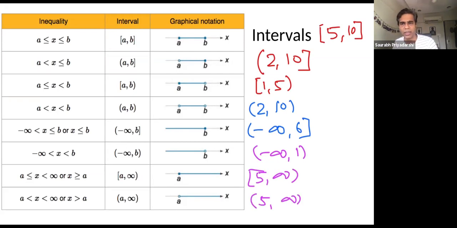I guess everyone is okay with this, right? Please note down fast, do it fast. The open and close brackets, okay?